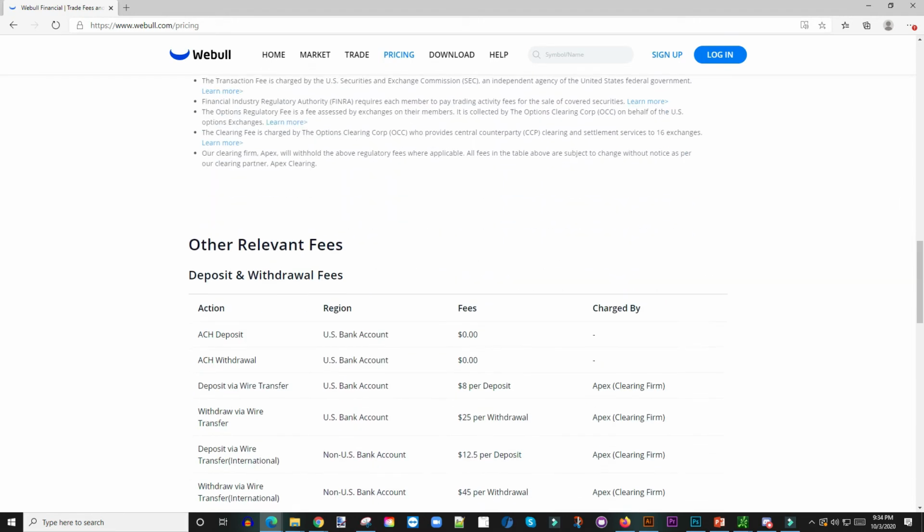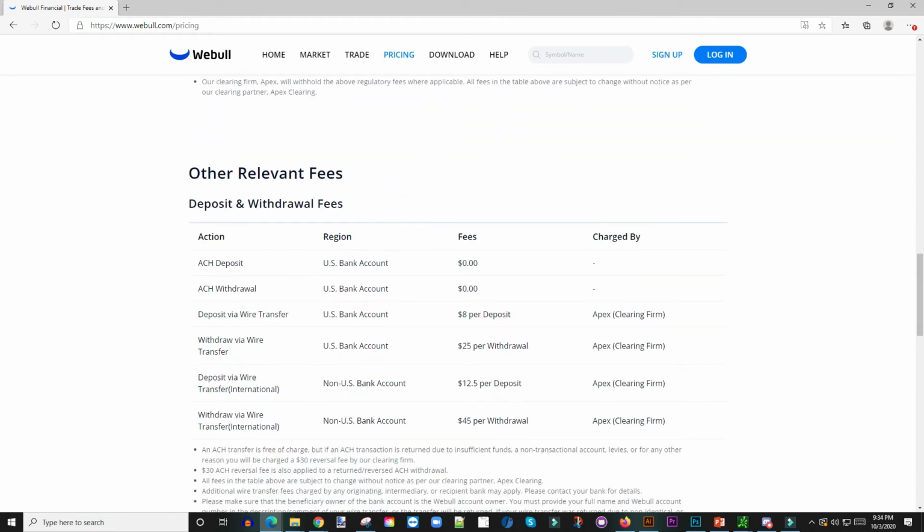So let's move on to the next, which is other relevant fees, and this is really important. When you transfer money from your bank account to WeBull or from WeBull to your bank account, depending on which method of transfer you use, there are fees associated with that. If you do ACH from your bank account to WeBull, it's free. They don't charge you anything.